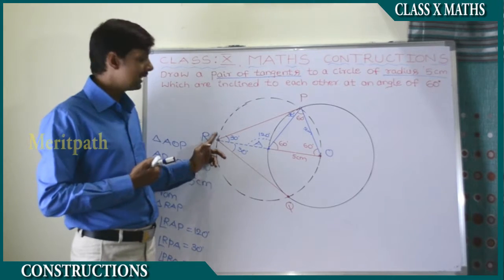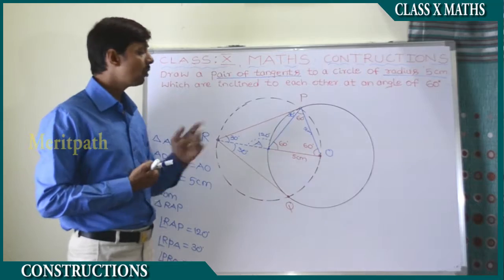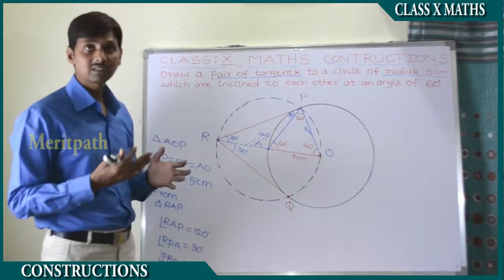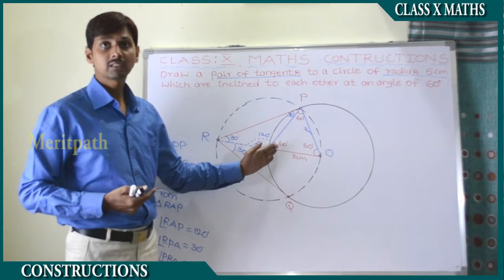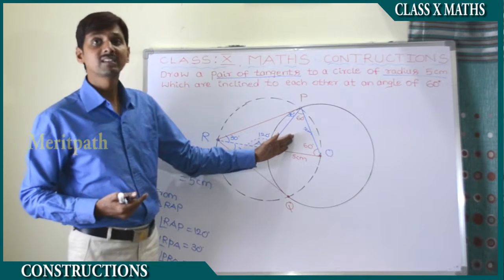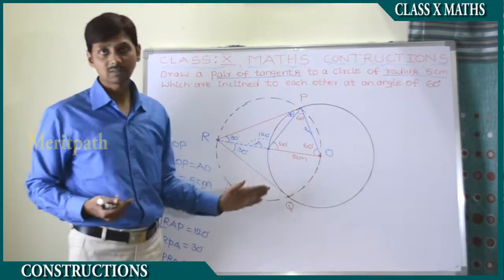We got this, and then we join RQ and RP, and we got some triangles when we have joined these points. We got an equilateral triangle. Using this property of triangles, we got all the angles of the triangle.